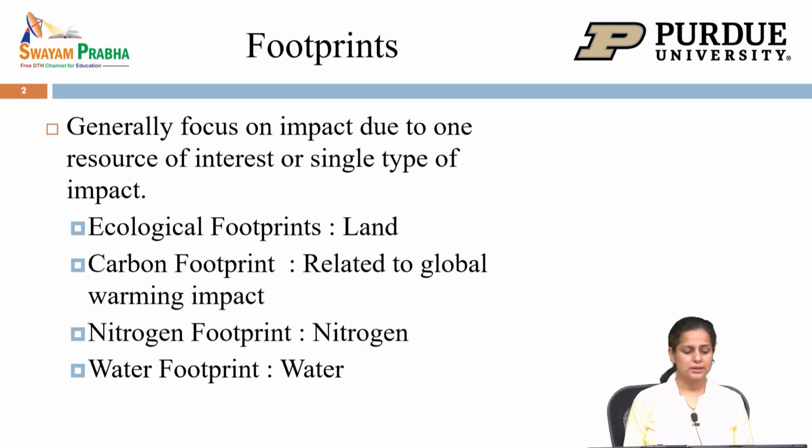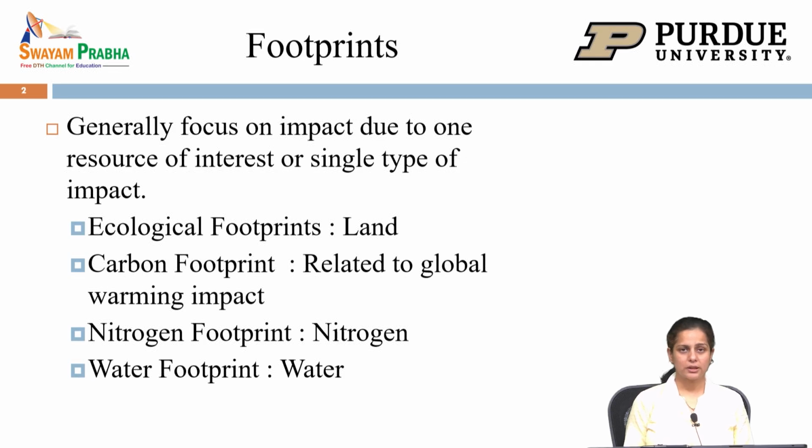Some of the examples of constrained resources are land availability. So, ecological footprints are specifically concerned about the land availability and how the human consumption of different products and our processes are exceeding the capacity of the earth to provide those resources in terms of land availability.